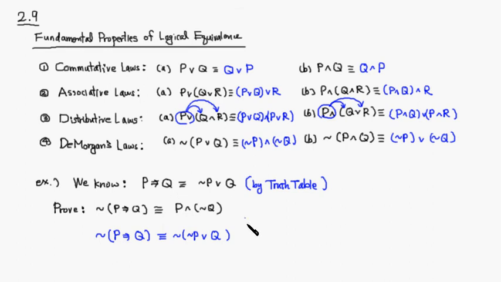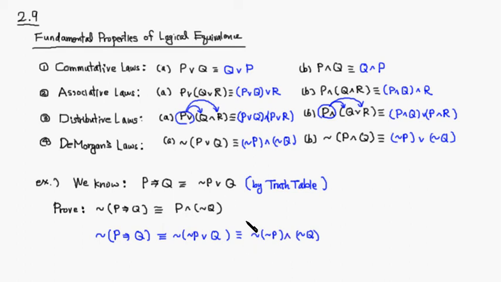Then we can use De Morgan's law right here. You have a disjunction here, so we can just take the not of each one. It's going to be not not P, then you have not Q as well. Then we're going to turn this or into and.